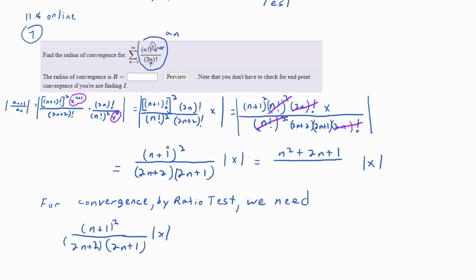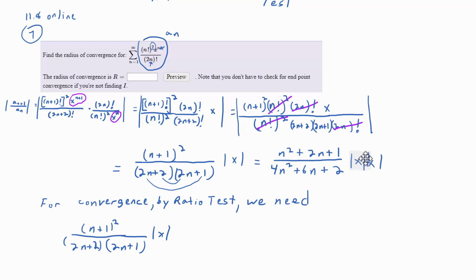On the bottom, what would you get? First, outer, inner, last: 4n squared. That's really the only term that matters because the rest are smaller degree. But anyway, plus 2n plus 4n, so 6n, plus 2.